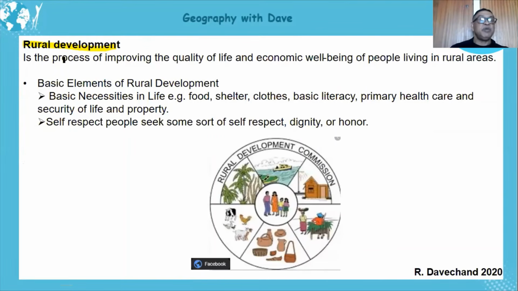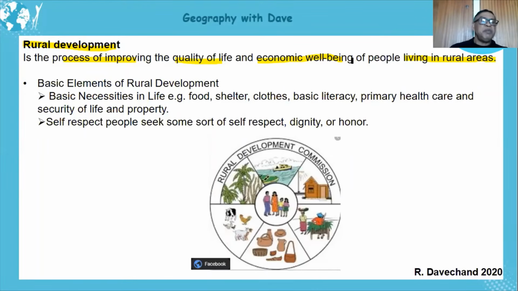All right. So rural development, let's look at it. What is it? It's the process of improving the quality of life and economic well-being of people living in rural areas. We have to improve their lives. That is what rural development is. And of course, economic well-being, that they have employment, they're earning better.